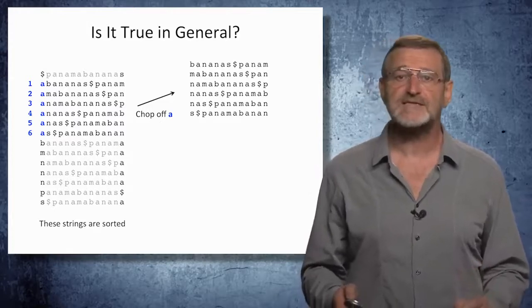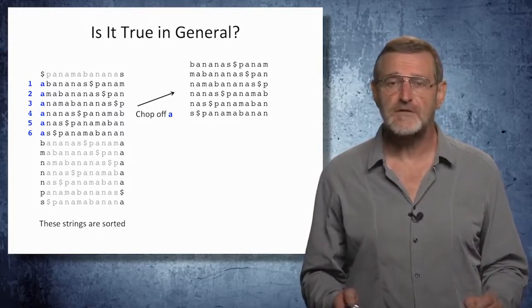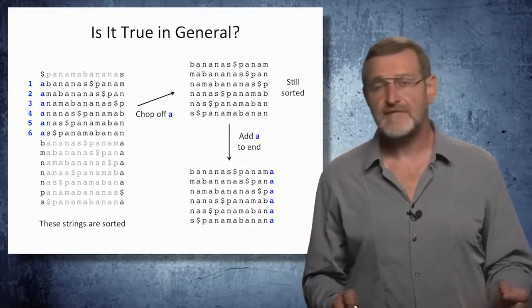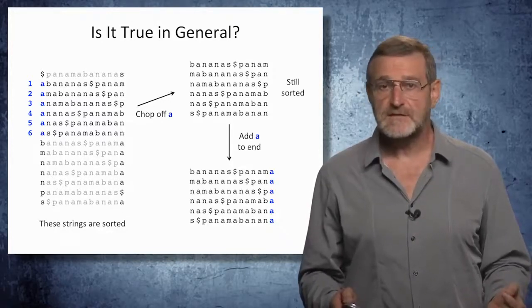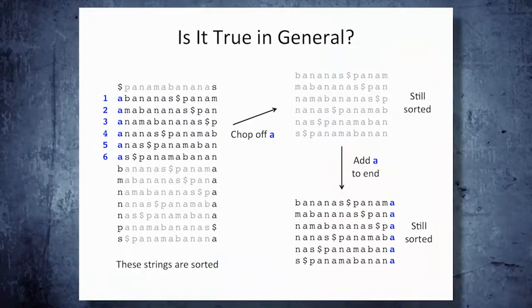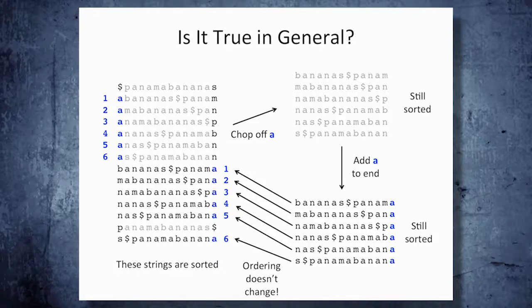And now let's add this chopped symbol to the end of each of these strings. We added them, and of course, the strings remain sorted. But these are exactly the 6 strings that end in A in our Burrows-Wheeler matrix, which means that they follow in our matrix in the same order as the order we started from.